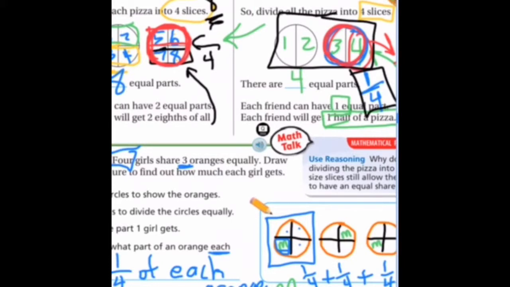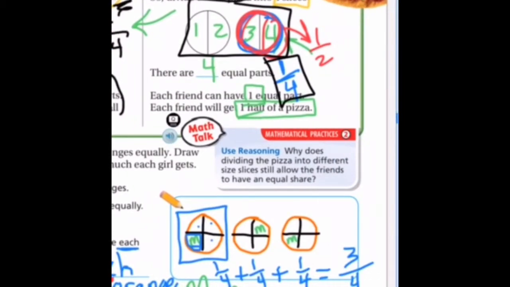Okay, so again, we're talking about 2 different things. We're talking about each orange, where she gets 1/4 of each one, and then a grand total, since she eats 3 of them, she gets a total of 3/4 of everything, or rather 3/4 of a whole orange.